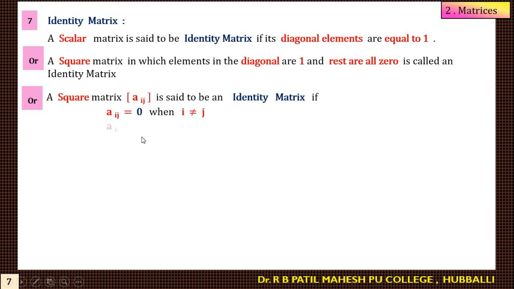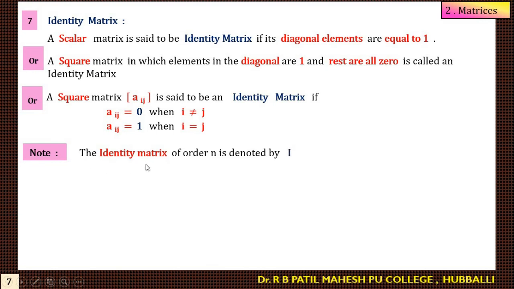And aij is equal to 1 when i is equal to j. That means when subscripts are like 1 1, 2 2, 3 3, then the element is taken as 1. Remember, the identity matrix of order n is denoted by In or I.